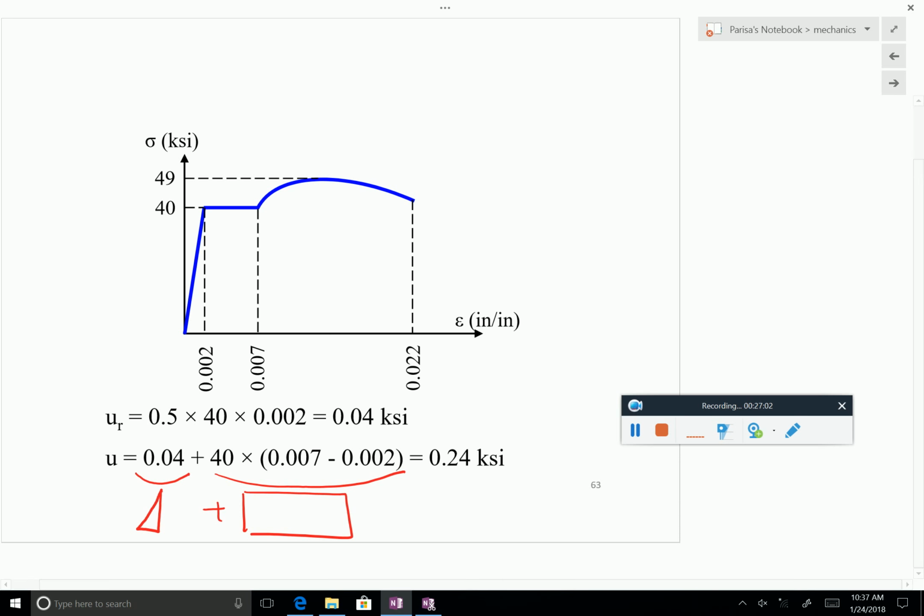And the unit is the unit of sigma times the unit of epsilon. So it will be simply psi. Has to be.